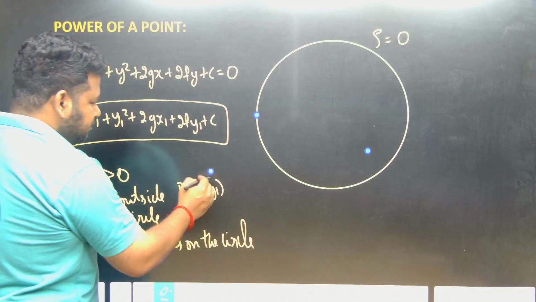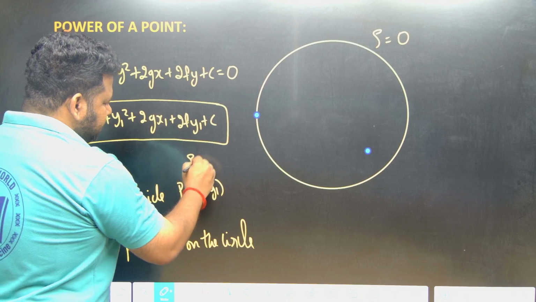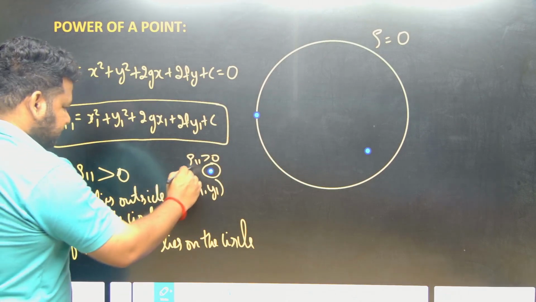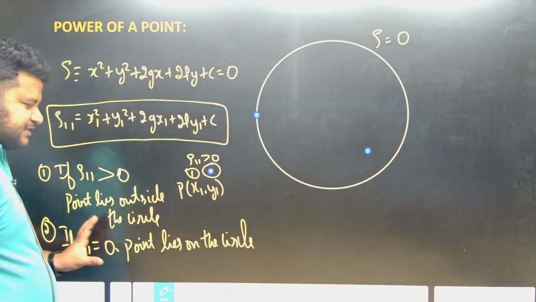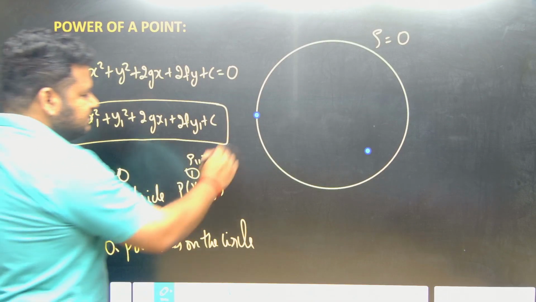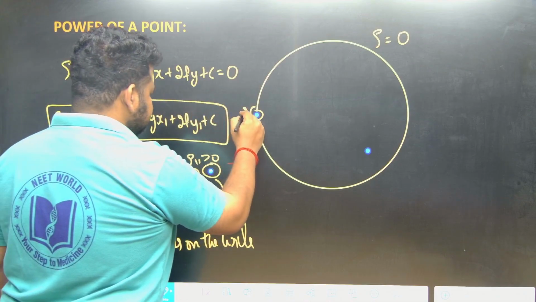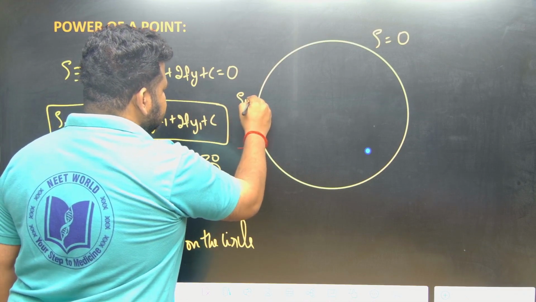So see, this is first one: S11 is greater than 0, so it is lying outside the circle. And the second one, if it is equal to 0, the point lies exactly on the circle. Here S11 is equal to 0.